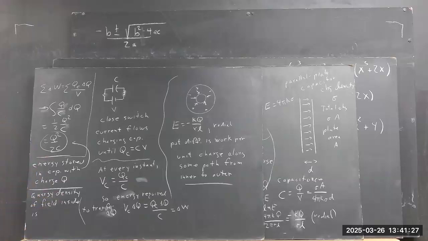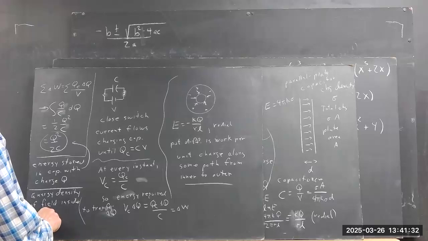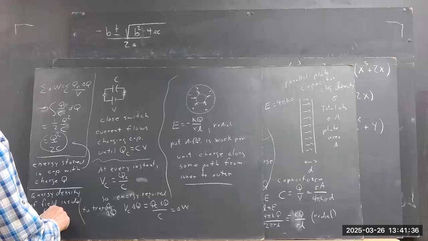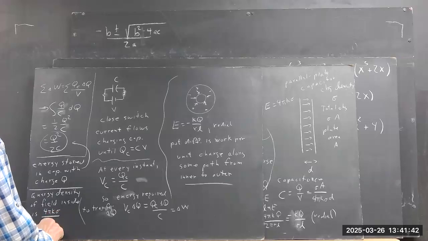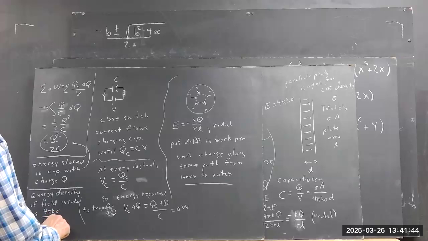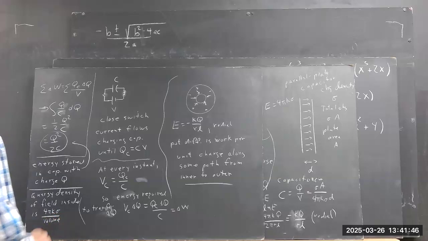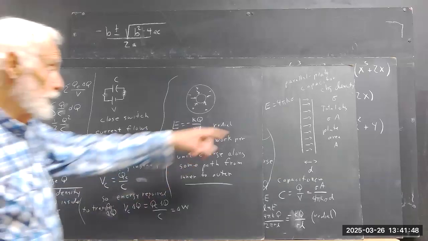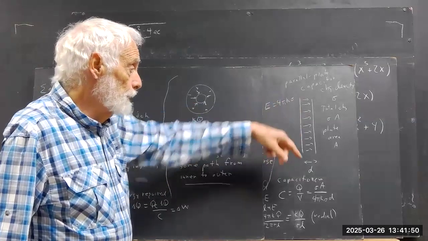This would be, among other things for this model, 4 pi k sigma divided by the volume.